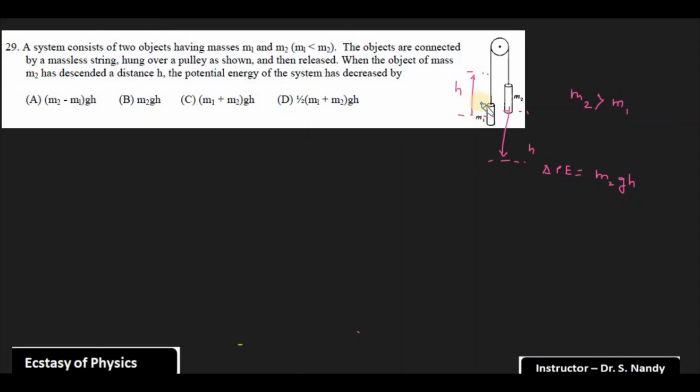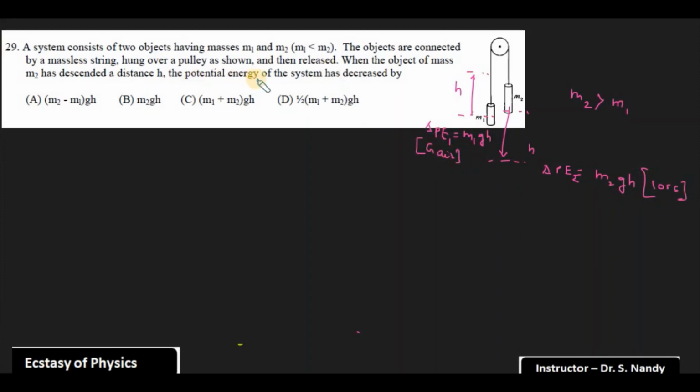In case of m1, since it's going up, there will be a gain in potential energy, represented by delta PE1, which is m1 g h. This one is considered the loss and this one the gain.